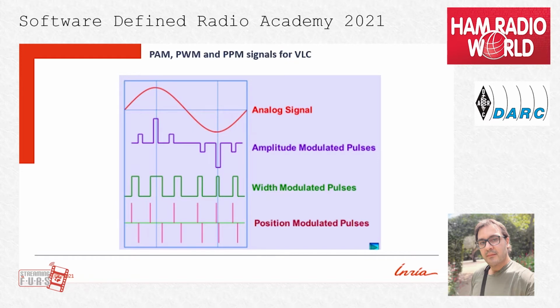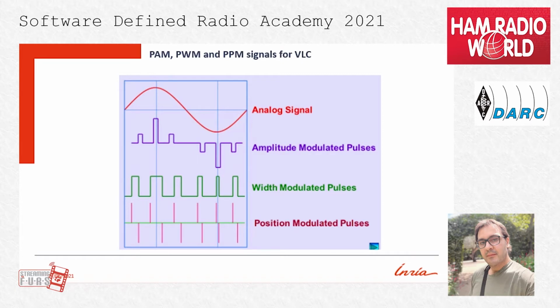In our work, actually, we don't use all three modulations, but we just use the PAM, so the pulse amplitude modulation, with different indexes, so 2, 4, 8, and 16 PAM, and the pulse position modulation, so 2, 4, 8, and 16 pulse position modulation.